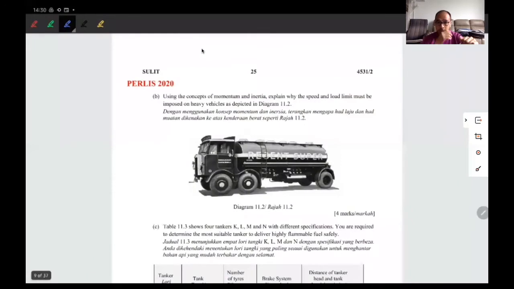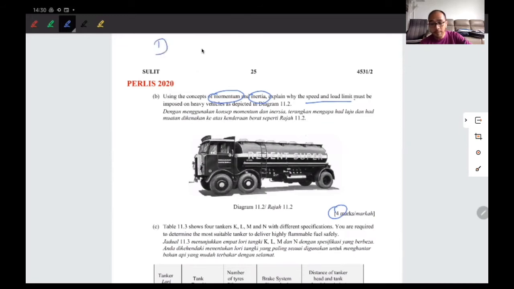Now, using the concepts of momentum and inertia, explain why the speed limit and load limit must be imposed. Why must there be a speed limit? And why must there be a load limit? Since they are asking us to explain in terms of two concepts, and this is a 4-mark question, we assume 2 marks for momentum and 2 marks for inertia. So we can put it this way.